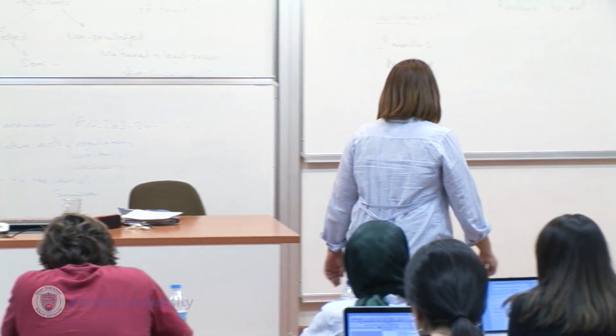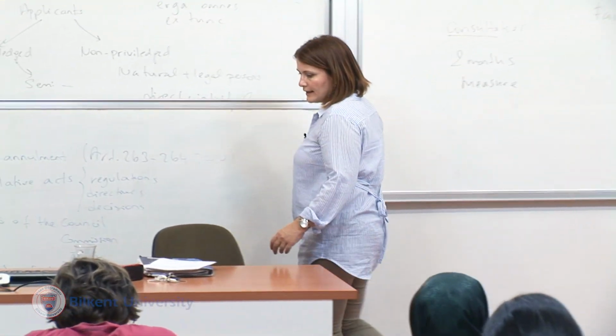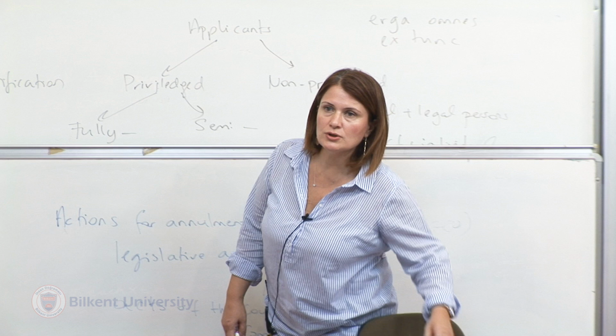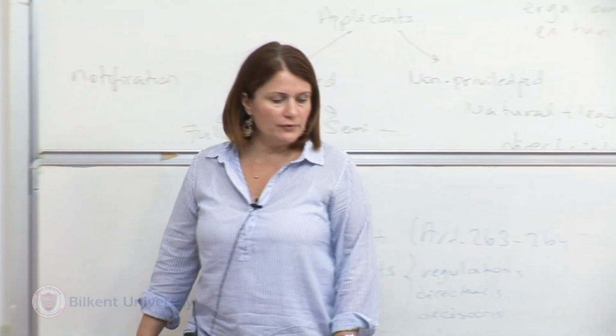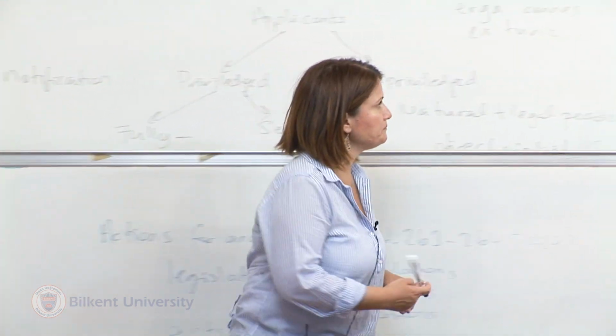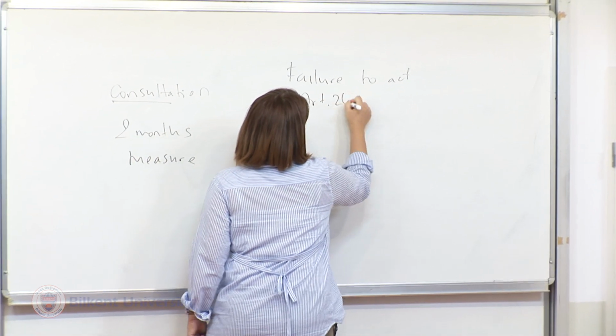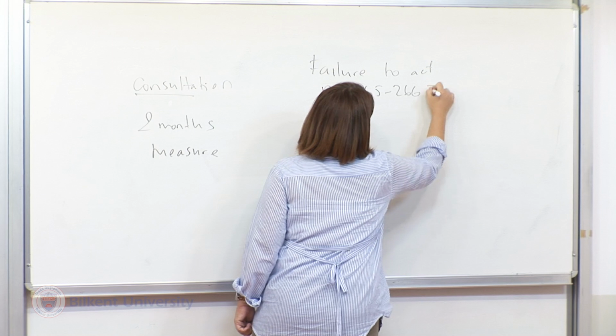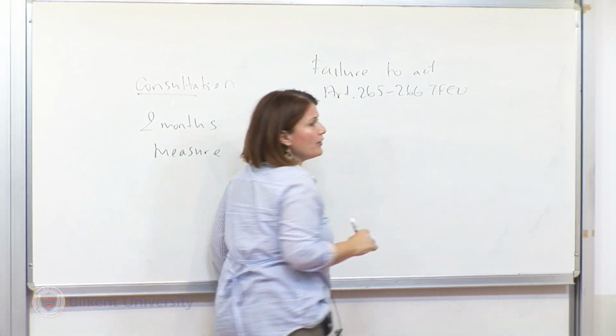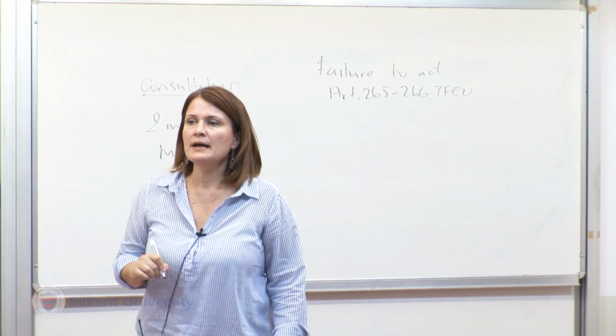Therefore, actions for failure to act are again about EU institutions. According to the founding treaties, this is an action provided under Article 265, 266 of the Treaty on the Functioning of the European Union.